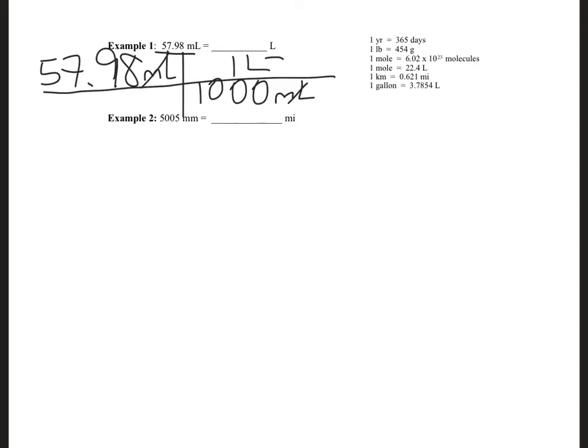Time for math. Everything on top gets multiplied together. So 57.98 times 1, divided by everything on the bottom. Well, in this case, there's only one thing on the bottom, 1,000. So you'd have 57.98 divided by 1,000.